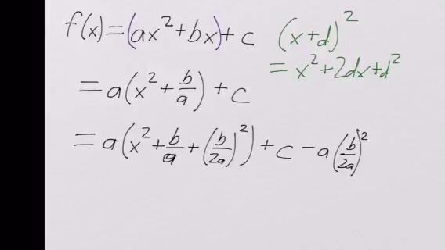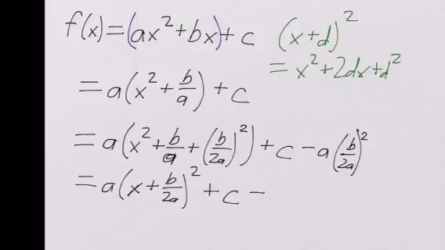So now, inside of those parentheses, I can go ahead and factor this. So I get a times x plus b over 2a squared. On the outside, I am going to go ahead and apply the squaring, so plus c minus a times b squared over 4a squared.